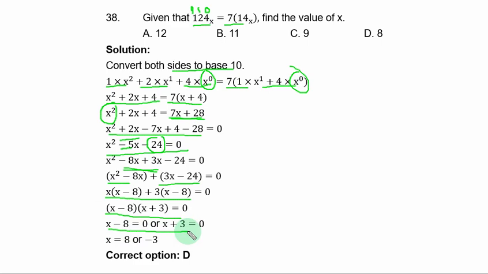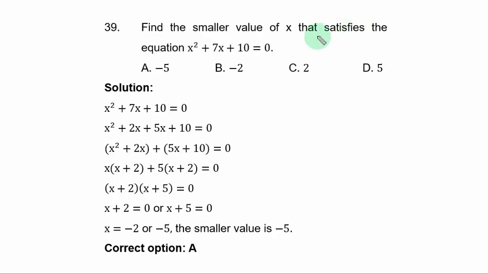If you transfer the respective constant terms, you have S equal to 8 or minus 3. Okay? So the base cannot be negative. So it means S is equal to 8. D is the correct option.